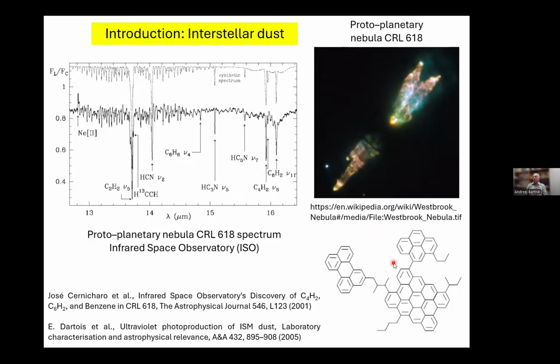But there can also be linear molecules originating from polymerization of acetylene. And these long chain or polycyclic molecules form the interstellar dust.